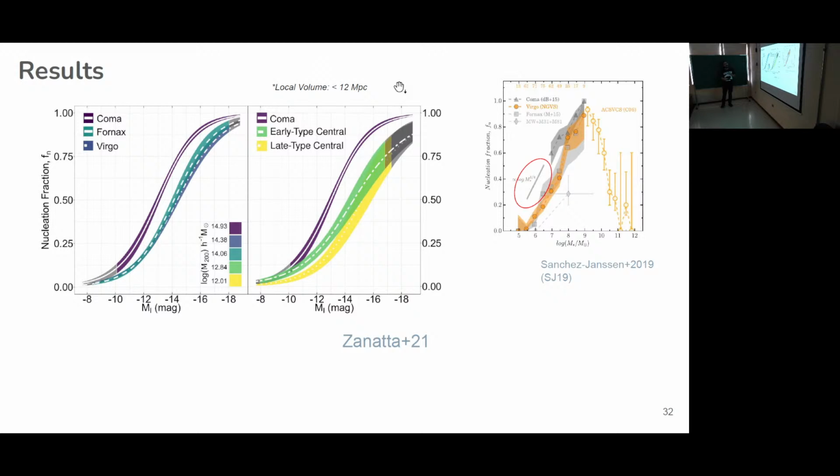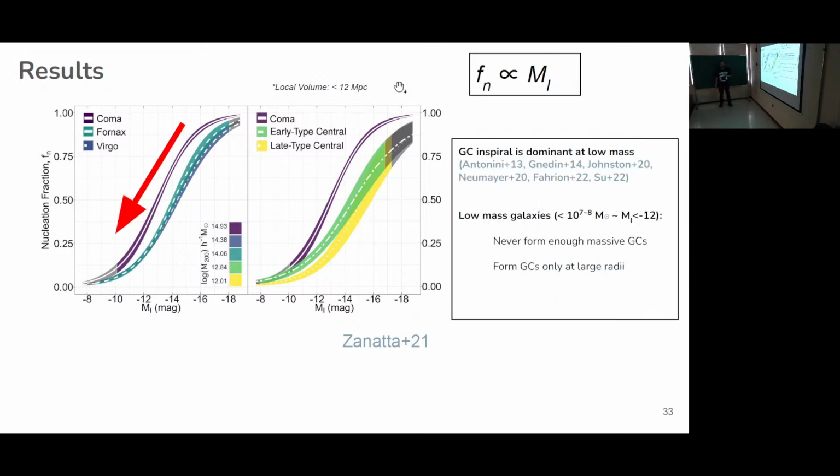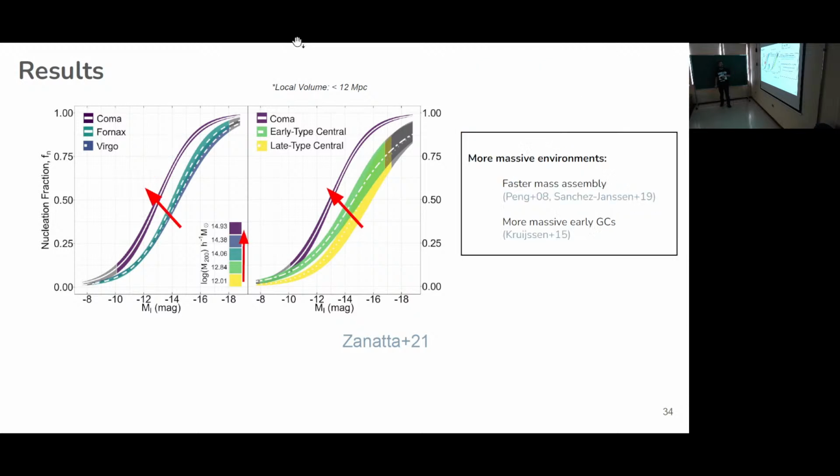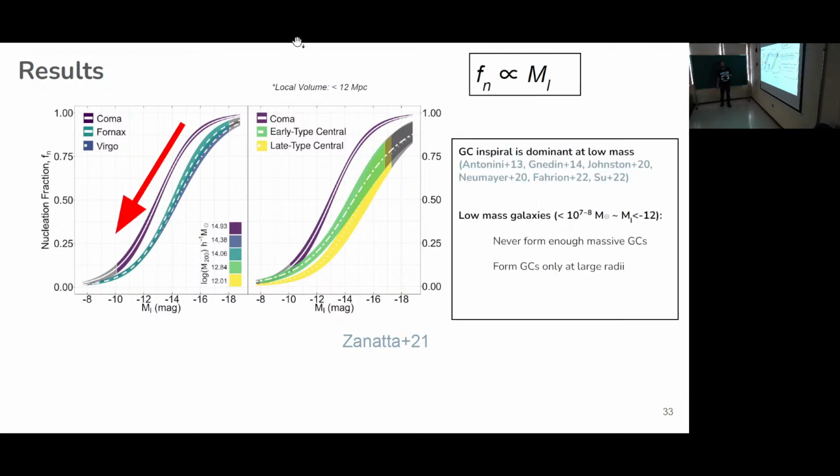Two things are readily noticeable in this plot. First is the fact that for all environments considered, the nucleation fraction is clearly proportional to the luminosity of the galaxy, in a way that for low luminosities or low mass, the nucleation becomes almost negligible around minus 10 or minus 11 absolute magnitudes, sorry.